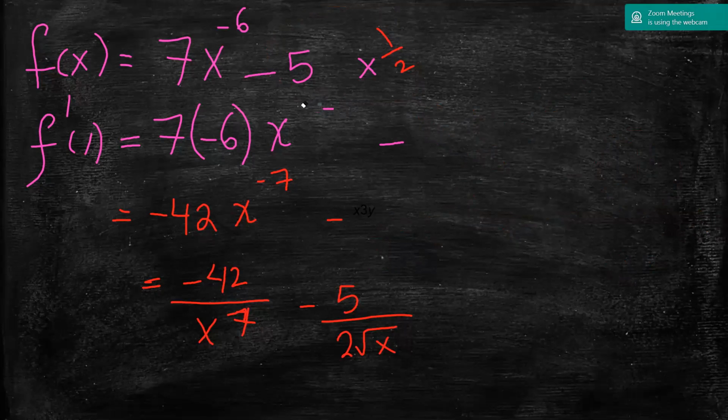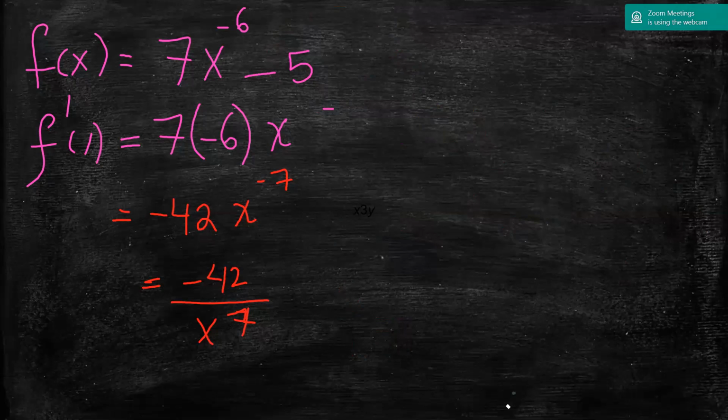Now here, I will talk about the second part. It was negative 5 square root of x. This square root of x can be written as 5x raised to the power half.